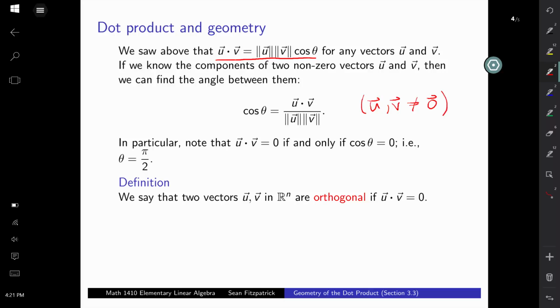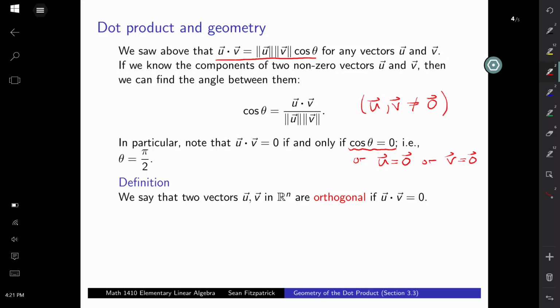And one of the things to notice here is that for non-zero vectors, this is if cos theta equals 0. Of course, the other way that the dot product could be 0 is if u is 0, or if v is 0. But if we insist that we're dealing with two non-zero vectors, then the only way that the dot product can be equal to 0 is if you have two vectors which meet at a right angle.